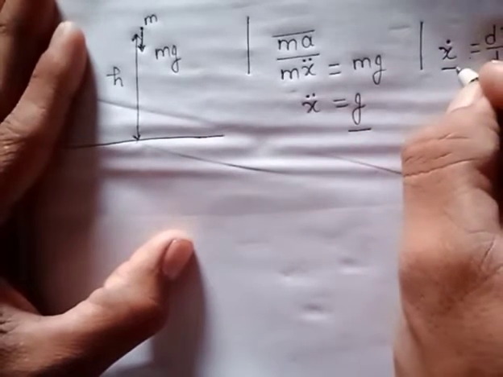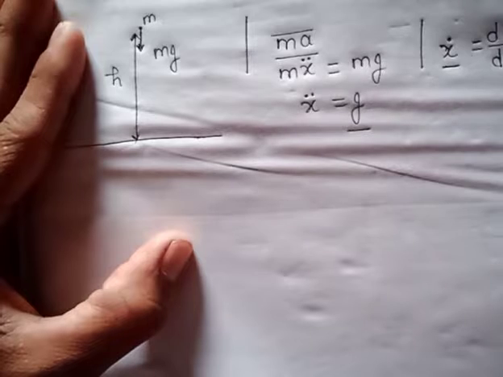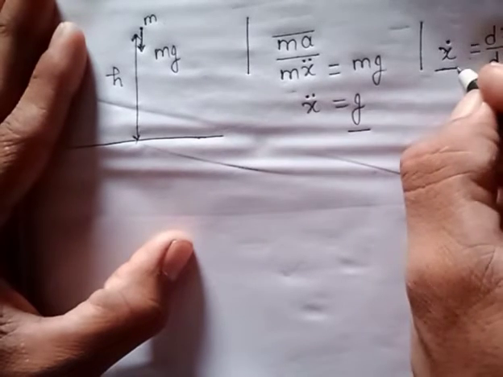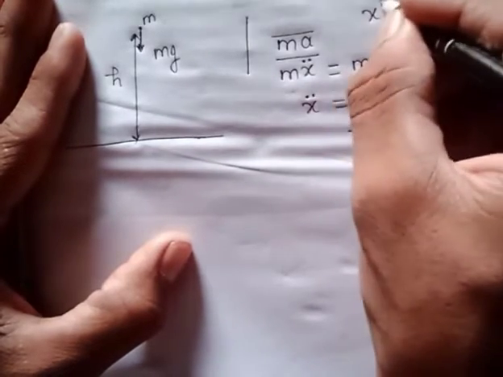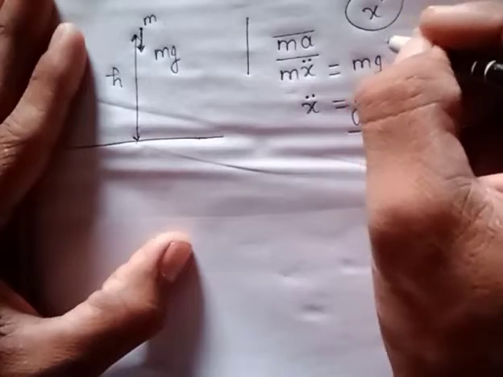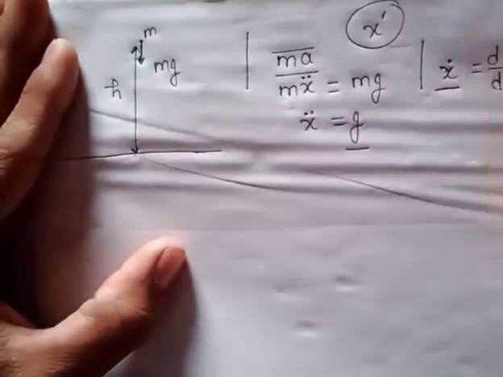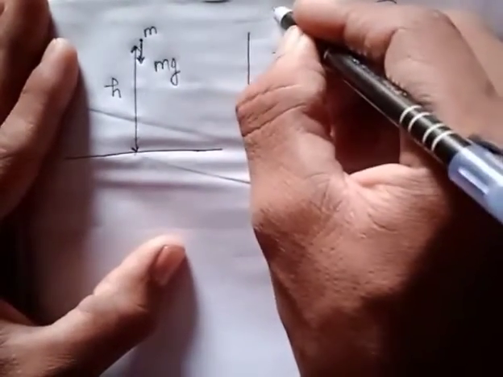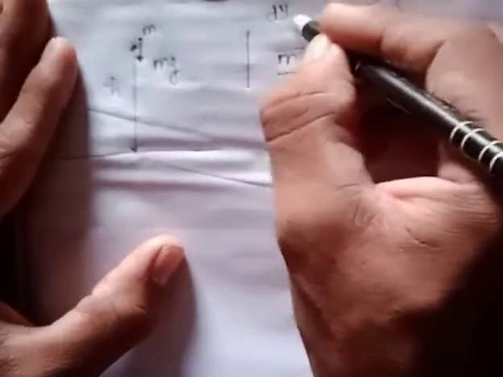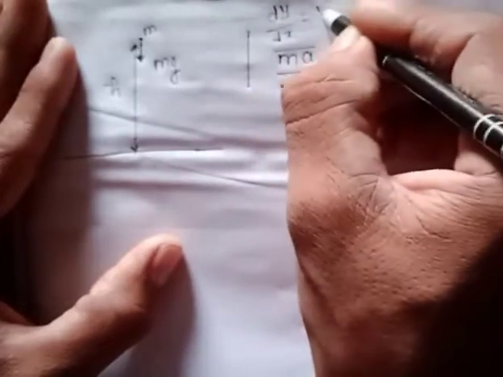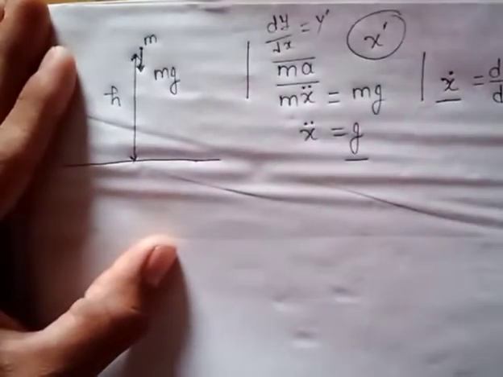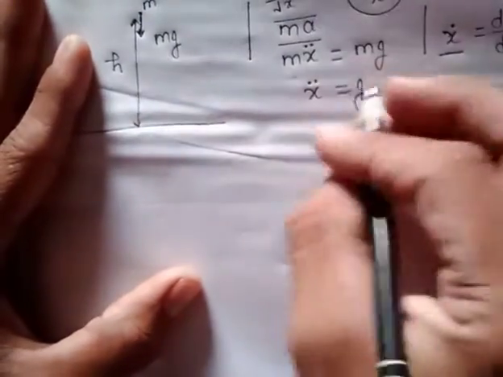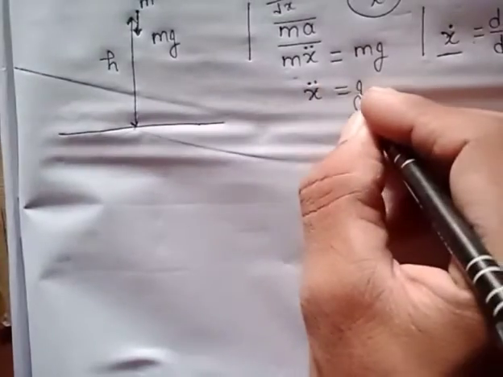This is a special symbol. We denote the time derivative in this fashion, just like we can denote dy by dx, here it is x dot. Okay, so x double dot is g.